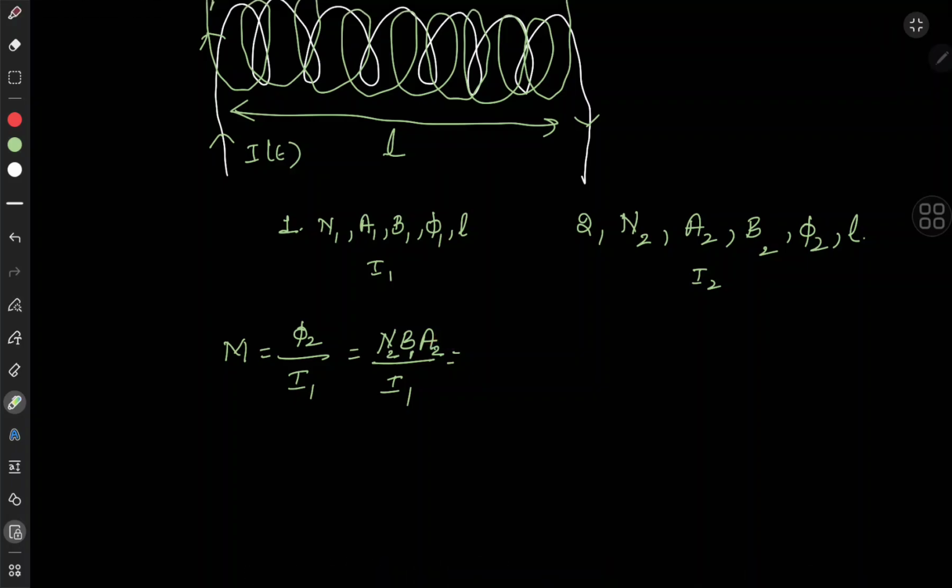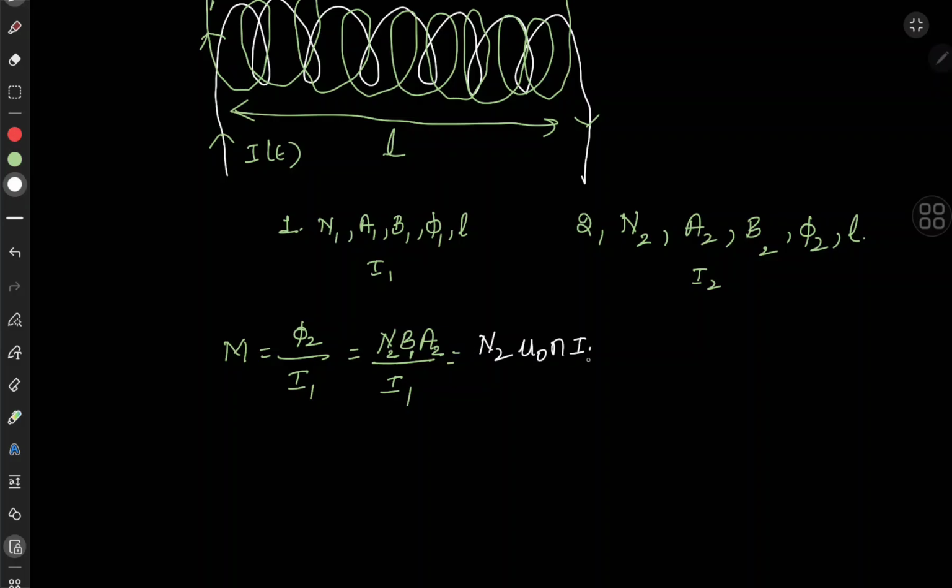Now we can easily answer. N2 remains the same, so we write N2 as N2 only. B1 is the magnetic field from the primary coil. What is the expression? Mu naught n I1, multiplied by A2, divided by I1. So I1 gets cancelled. Now mu naught n can be written as what? n is the number of turns in the primary coil N1 divided by the length of the coil.